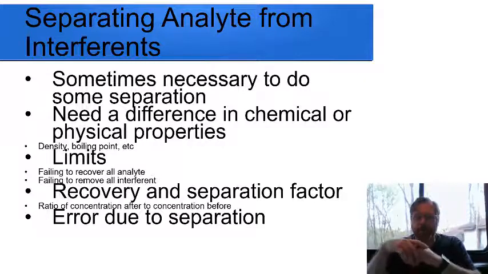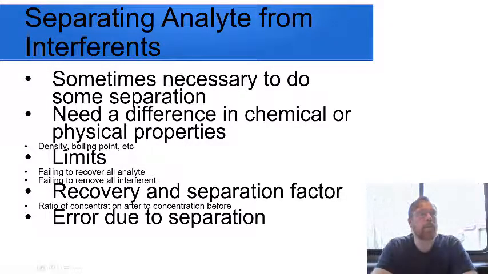So if your separation factor is, let's see, we would want a low separation factor, then that would mean there's not a lot of interferent left in the portion that you're going to be sampling. You want a high recovery factor, close to 1, and your separation factor, unless I'm misremembering this, you want it to be as low as possible.